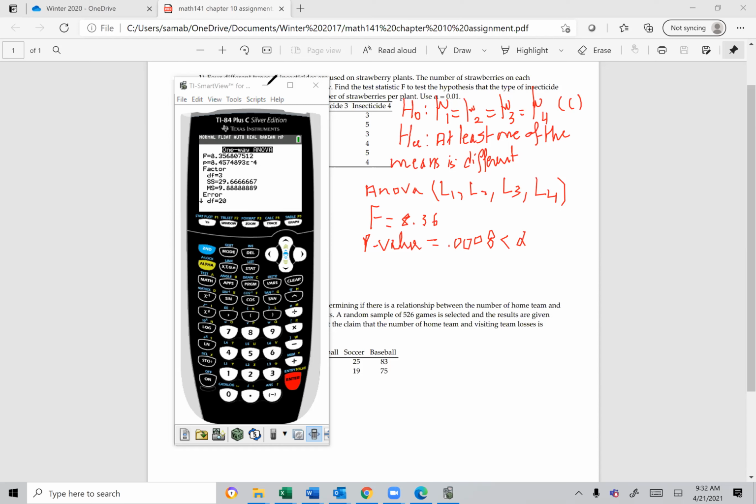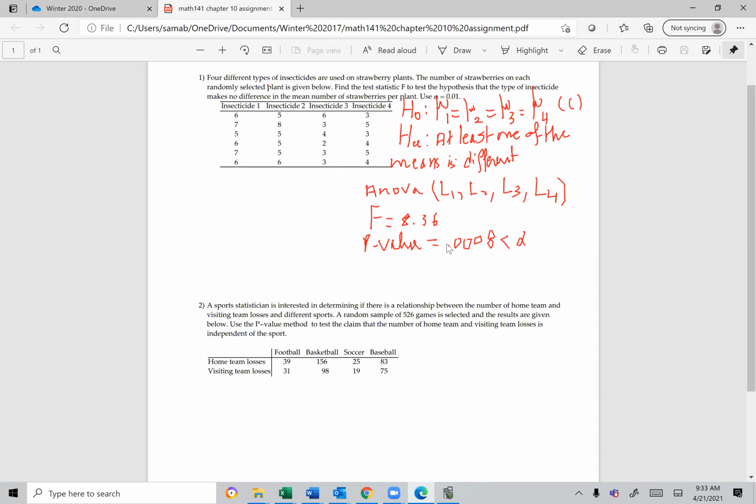And I don't need the calculator now. I can let the calculator disappear. So p-value is 0.008, which is less than alpha. Reject HO.